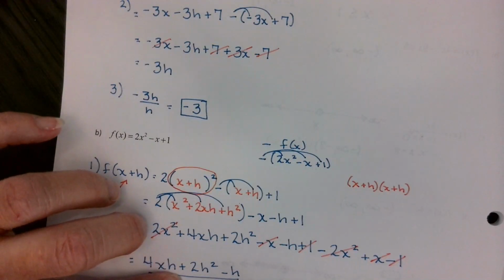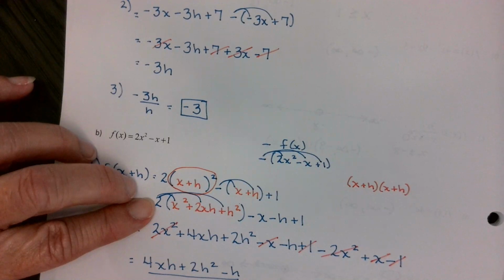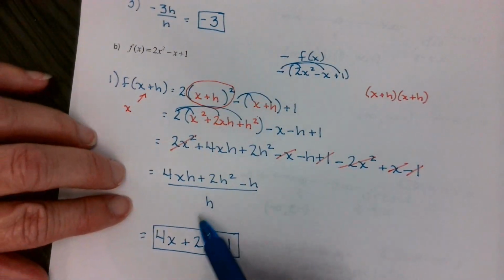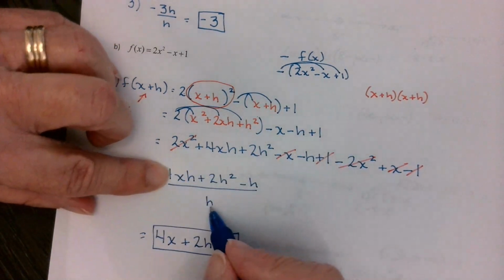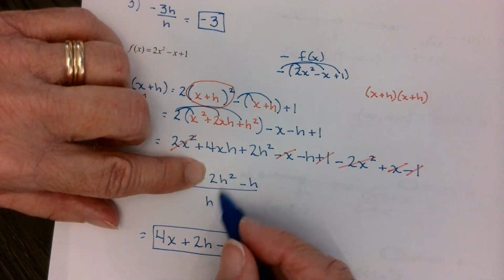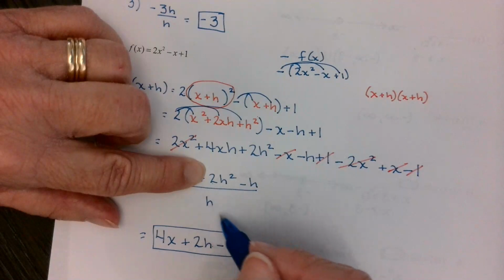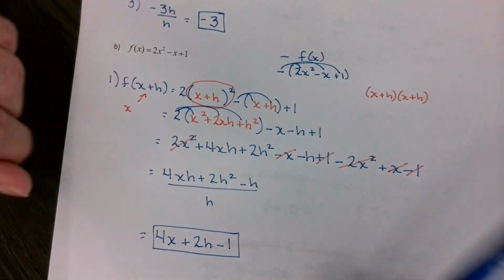And negative h divided by h gives us negative 1. Oops, you can't see that. Sorry. I divided these h's, okay, and they canceled out, and I got 4x. Right here, I subtract my exponents, so 2 minus 1 gives me just 1, so it's 2h, and this gives me negative 1. And that's it.